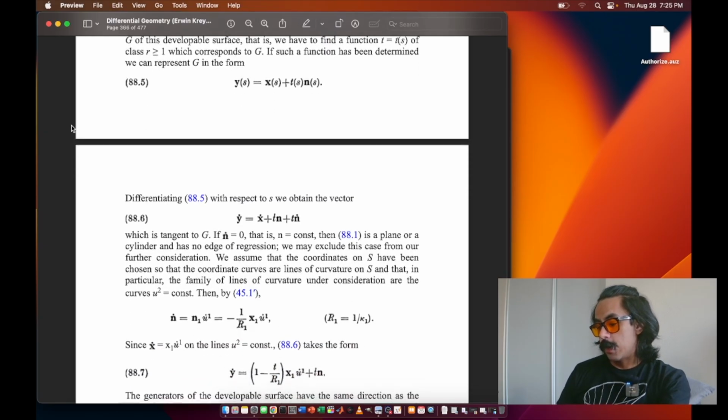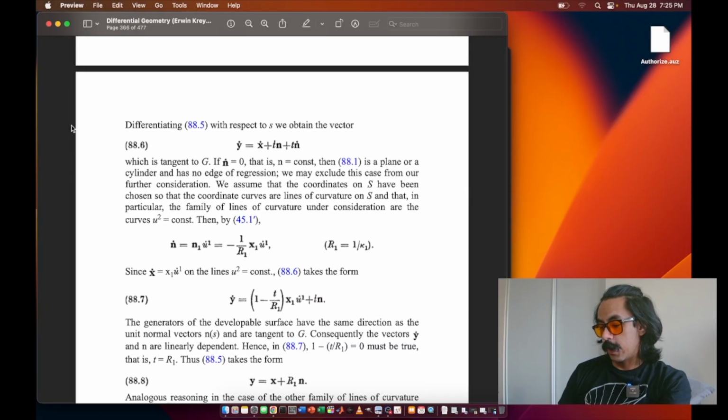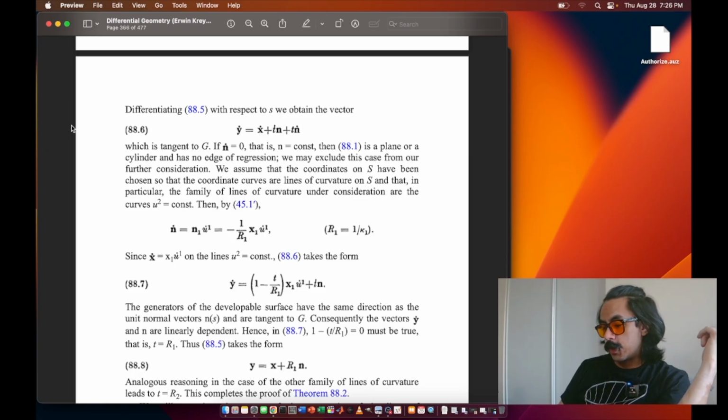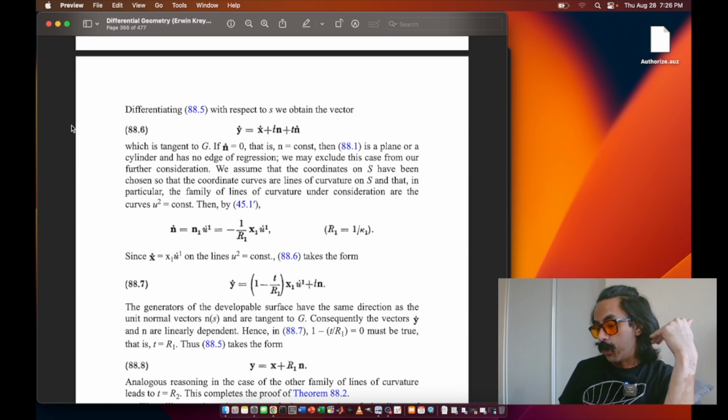And differentiating this with respect to s, we obtain the vector y dot equal to vector x dot plus t dot, which is just the scalar derivative of that function t in terms of s, times the vector n plus t, times vector n dot, which is tangent to the edge of regression, capital G.